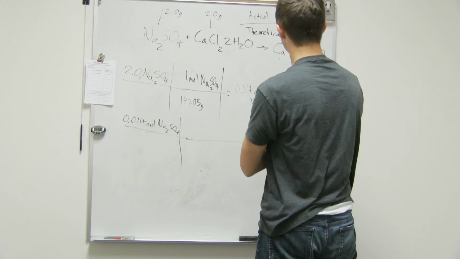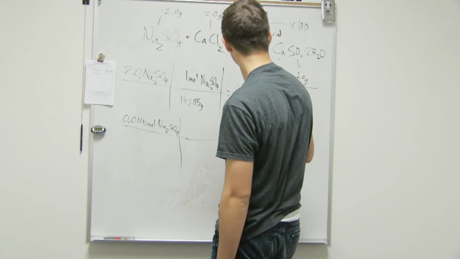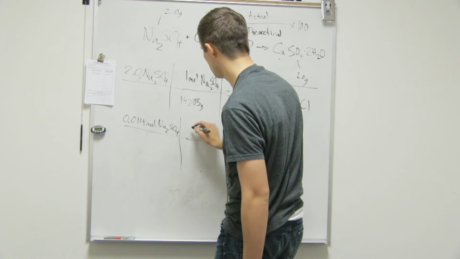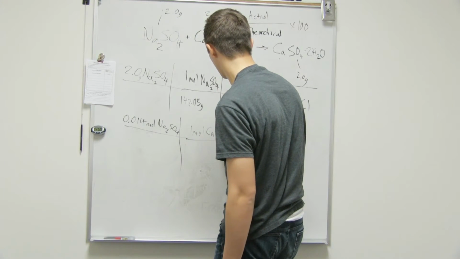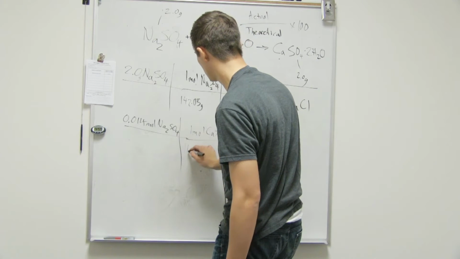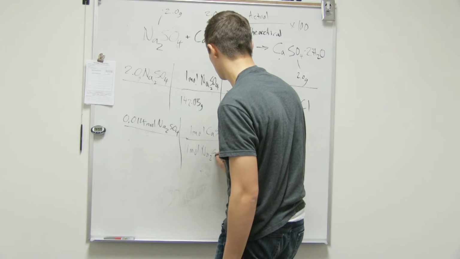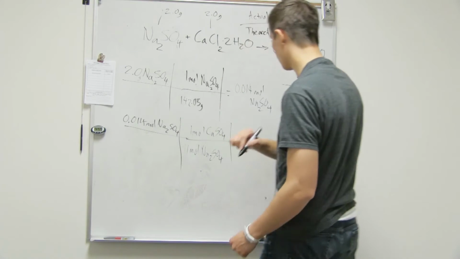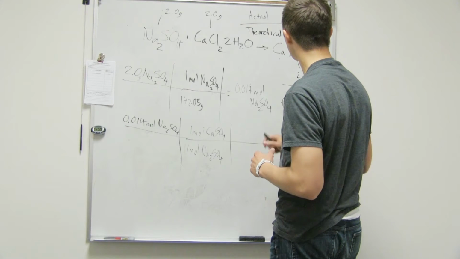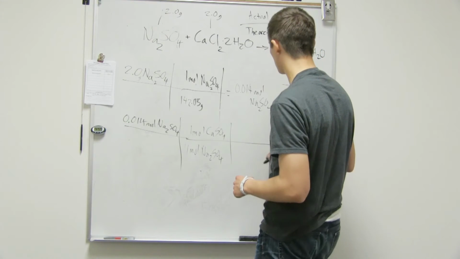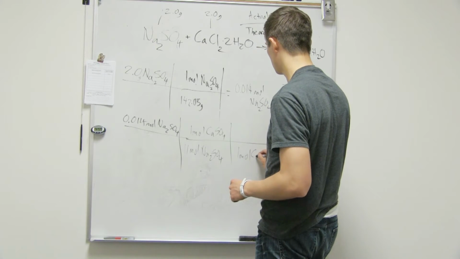Looks good to me. So the 1 mole of CaSO4 is compared to 1 mole of Na2SO4. Now we want to use the molar ratio, cancel that out, and get us to grams.